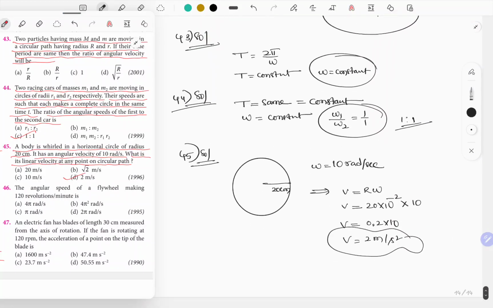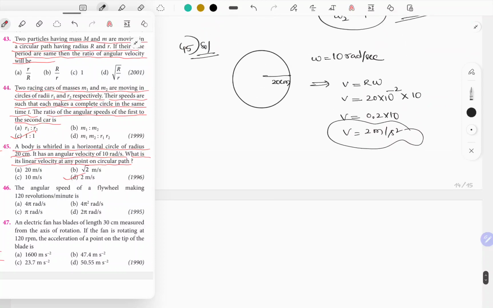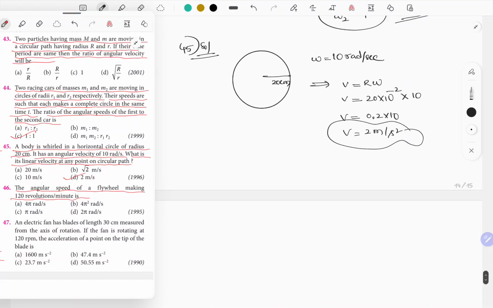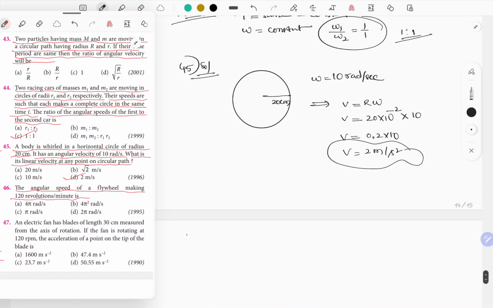Next, it's a conversion question. The angular speed of a flywheel making 120 revolutions per minute is, angular speed. That's it. Okay, 46 solution. Omega is equal to 120 revolutions per minute. Actual omega units must be in terms of radian per second.